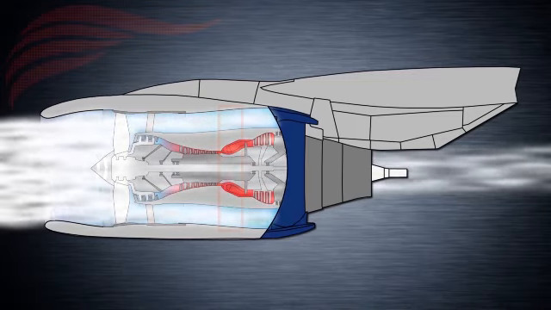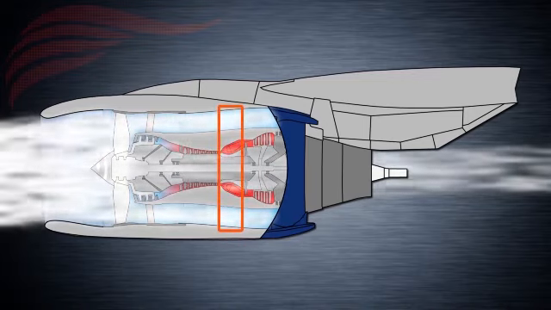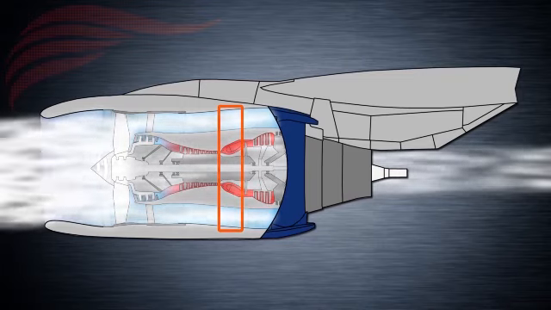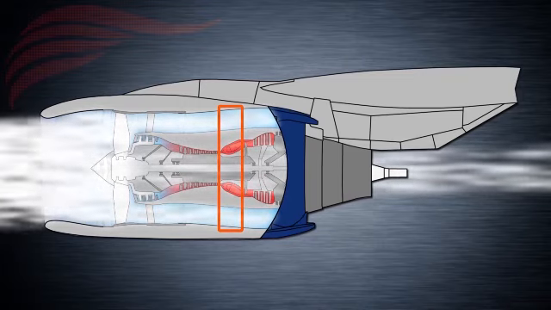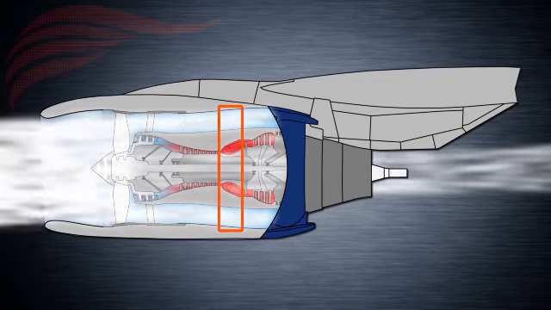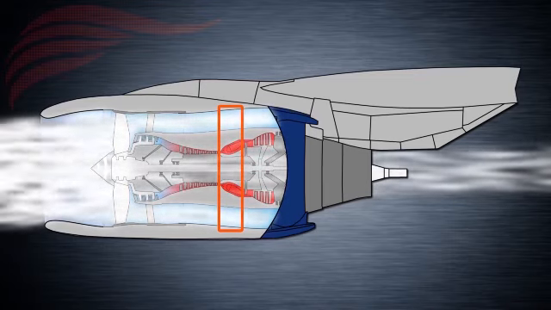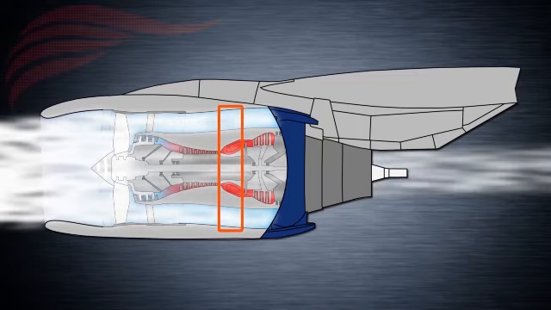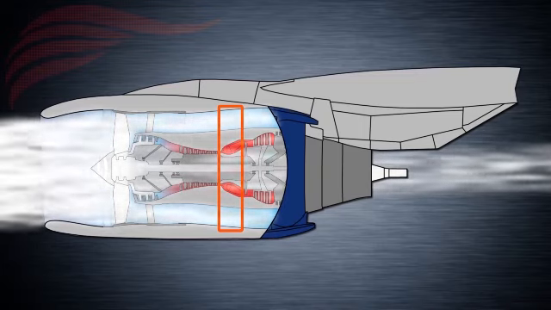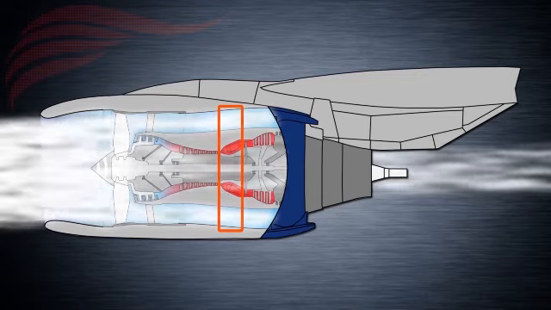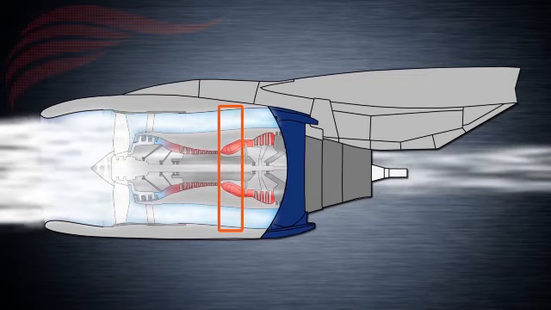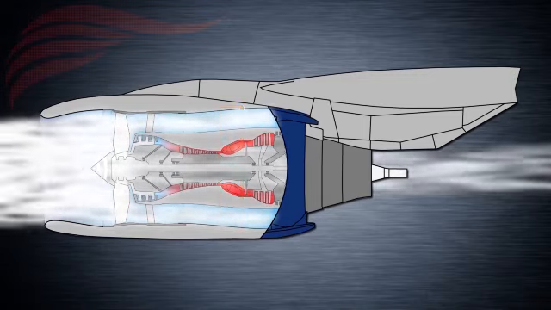Moving on, the combustion chamber takes this dense, compressed air from the compressors and also receives fuel from a series of fuel nozzles. These two elements are joined to create a fuel-air mixture that is burnt in order to make hot gases. At this point, the air-fuel mixture temperature will have increased to roughly 1700 degrees Celsius.